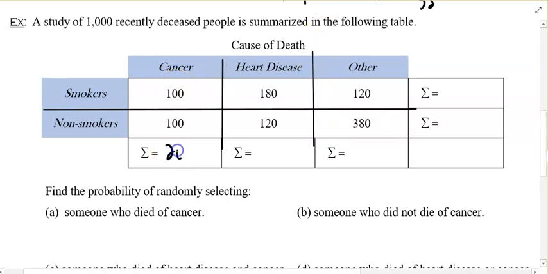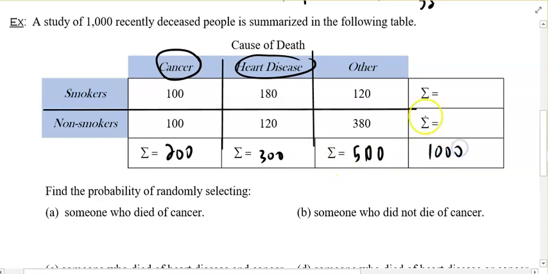If I add those, that's 200. So 200 people died from cancer. From heart disease, 300 people. From other diseases, 500. So altogether, I have 1,000 people. If I was to ask how many people died that smoke, 100, 180, 120, which means this must be 600 because they must add up to 1,000.